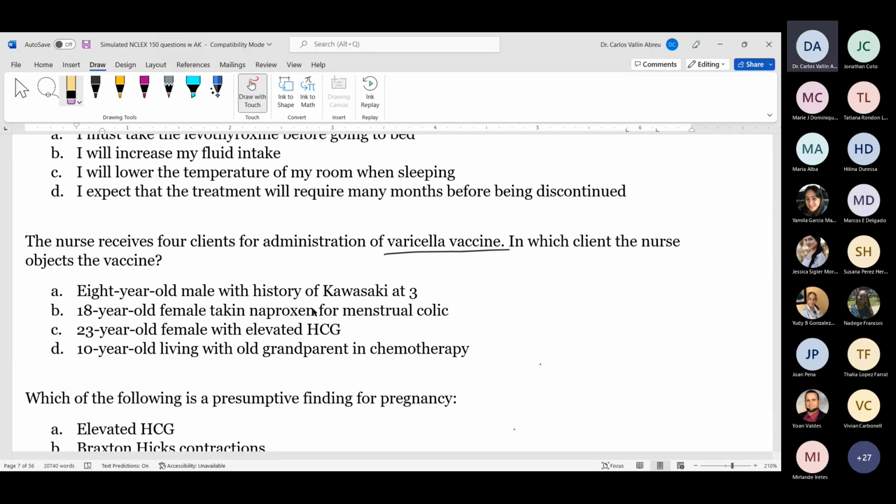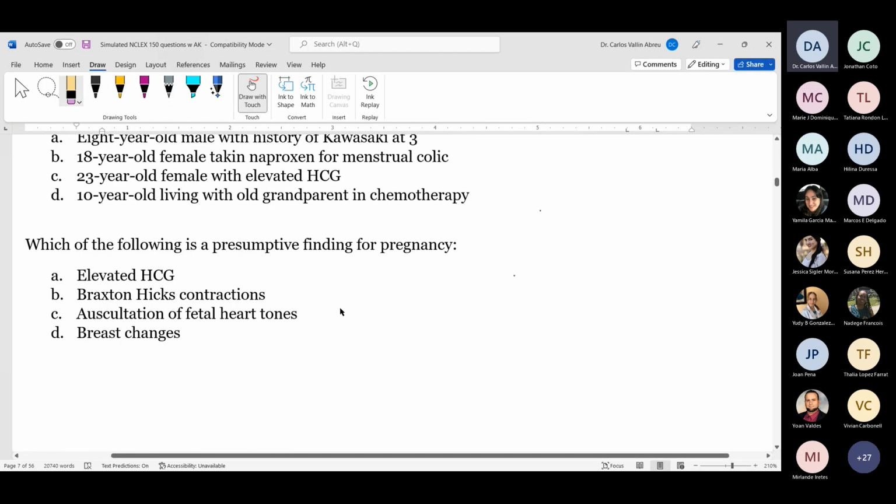Notice that those concepts that we are discussing can help you answer other types of questions. Which of the following is a presumptive finding for pregnancy? Remember that in pregnancy, there are presumptive, probable, and positive signs. This is asking for presumptive. Which one of these do you think is presumptive?